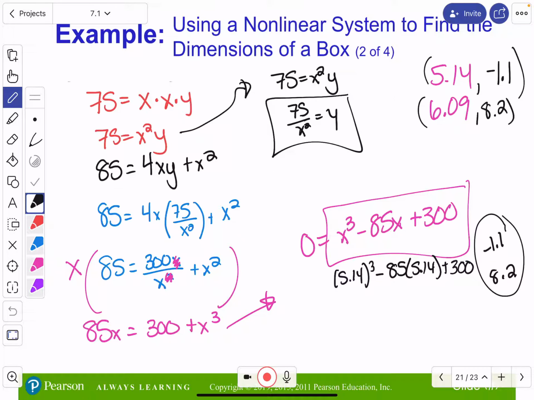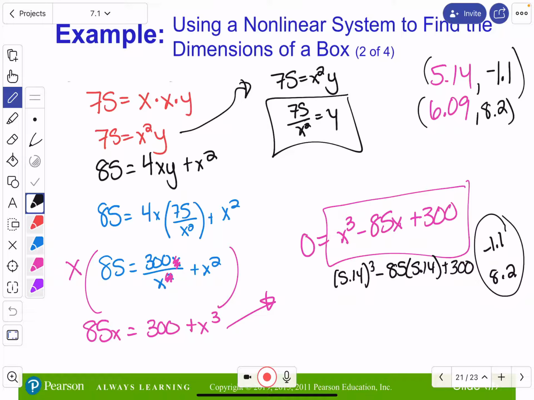So I'm going to try this on my handheld calculator. Window, Zoom 6. Okay, second calc 0. Come on. Yeah, so that one I got 5.